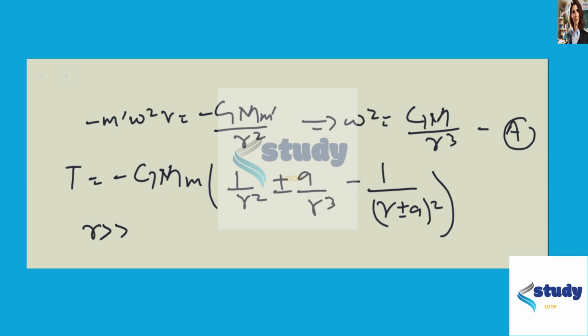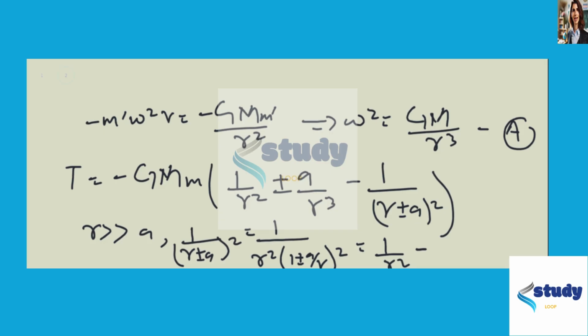Since r is much greater than a, we use a Taylor series to approximate this equation. So 1 over (r plus or minus a) whole squared is equal to 1 divided by r squared times (1 plus or minus a divided by r) whole squared, which, using a Taylor expansion, is 1 over r squared minus or plus 2a over r cubed, and so on.